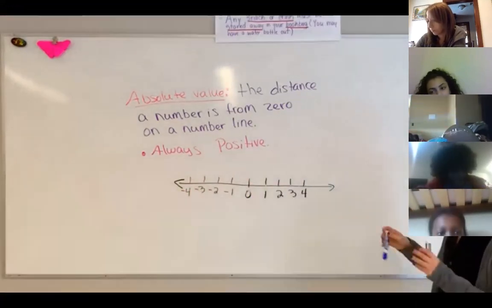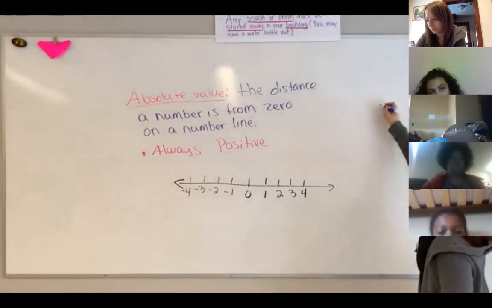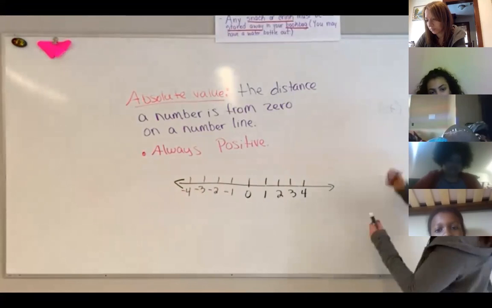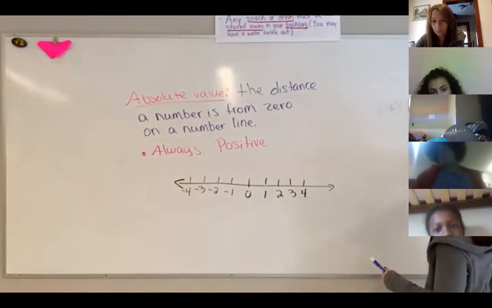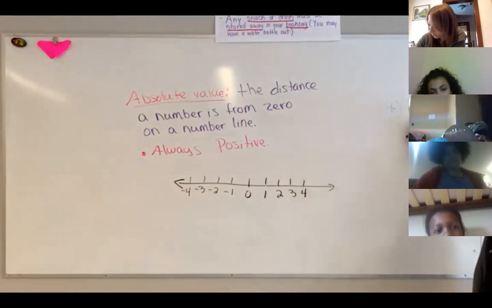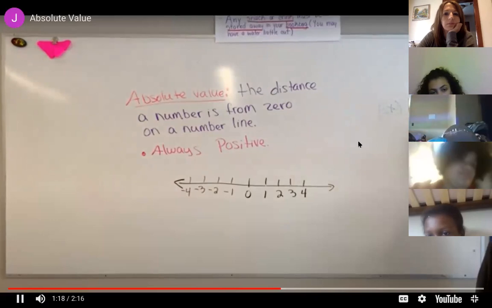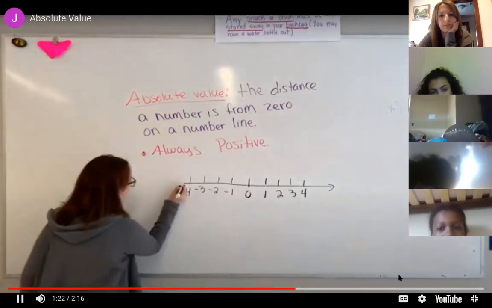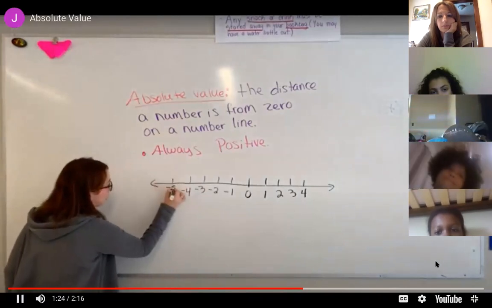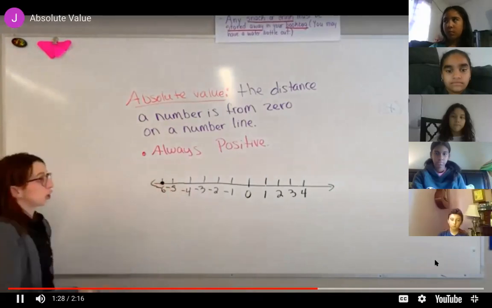Now, before we even go, I need to let you know that there's a special symbol that we have. So let's look at this example. We want to know the absolute value of -6. These brackets are read as the absolute value of -6 because that's the number inside. So what I'm going to do, I'm going to extend my number line, and on -6, I'm going to place a closed circle.